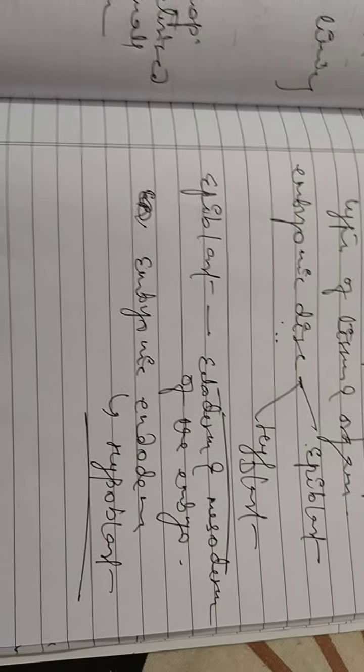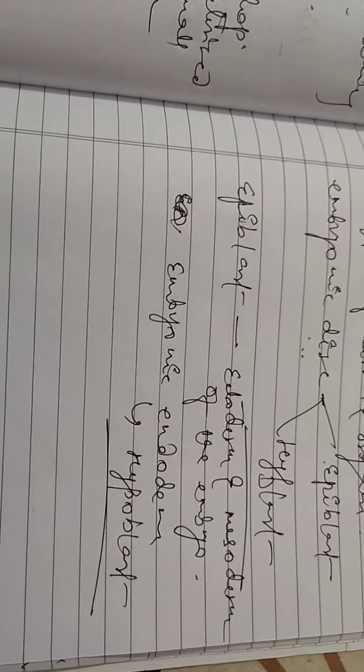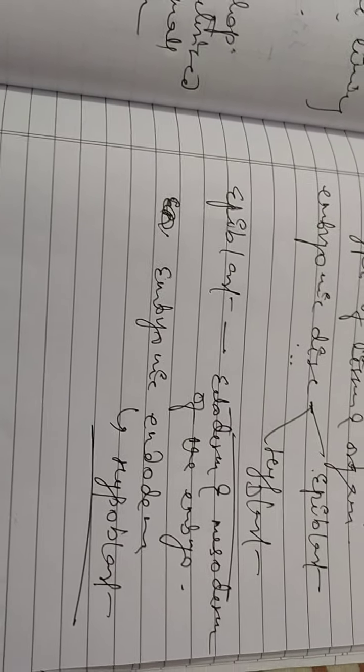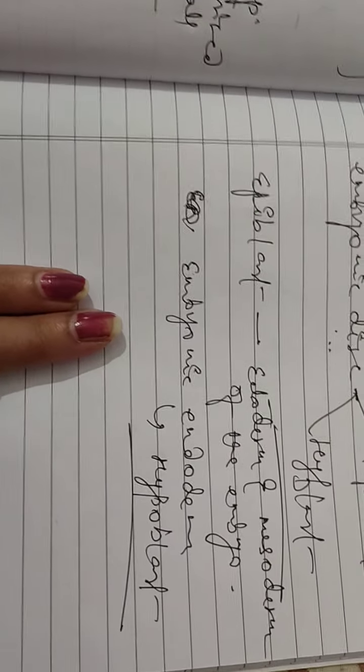So ectoderm, mesoderm and endoderm are the three germinal layers which will differentiate into different organs.